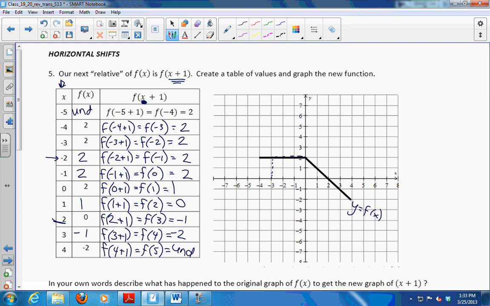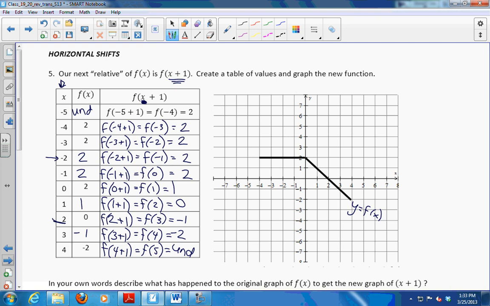So my old function f, its domain went from negative 4 to 4, right? That's where it lives. My new function, my relative, its domain goes from negative 5 to 3, right? It doesn't get undefined until negative 6, like you pointed out to the left.